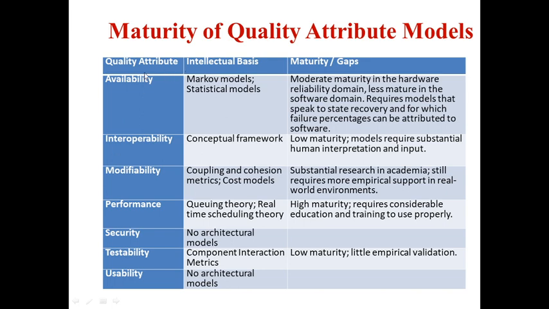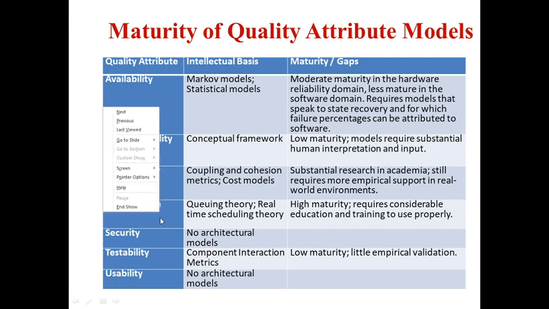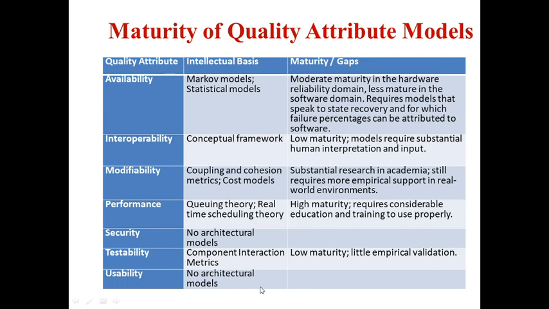For each and every quality attribute, these are all the quality attributes: availability, interoperability, modifiability, performance, security, testability, usability. All these things we studied in separate chapters, in particular topics in the previous classes. So for all these models, how the intellectual basis has to be applied, how it is going to be matured models.